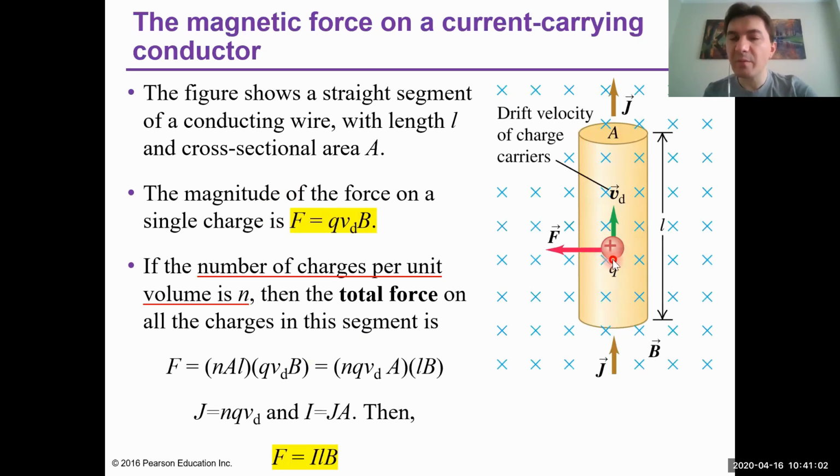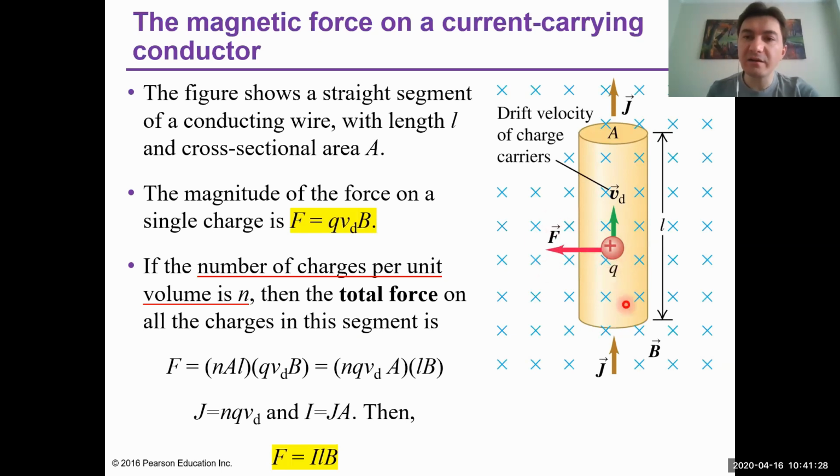By applying the right-hand rule, we can find the direction of the magnetic force acting on that charge, given by the expression Q times drift velocity times the magnitude of the magnetic field. But within that conducting wire, I have just considered the force acting on a single charge.